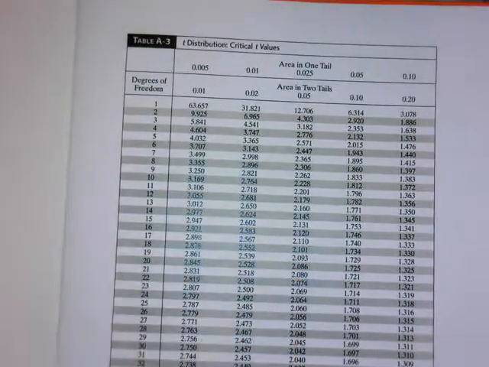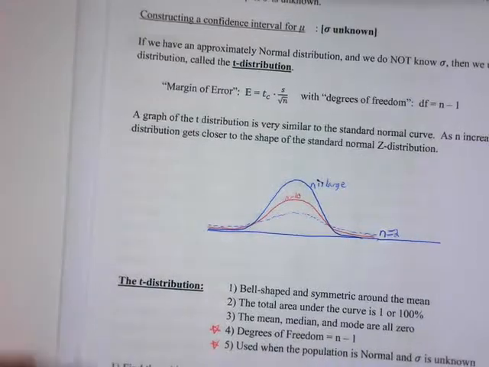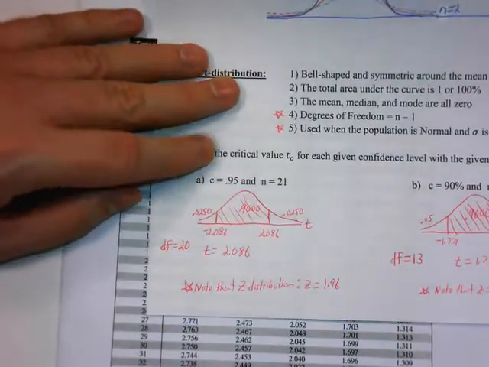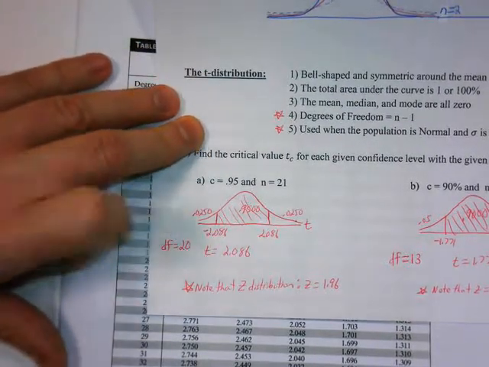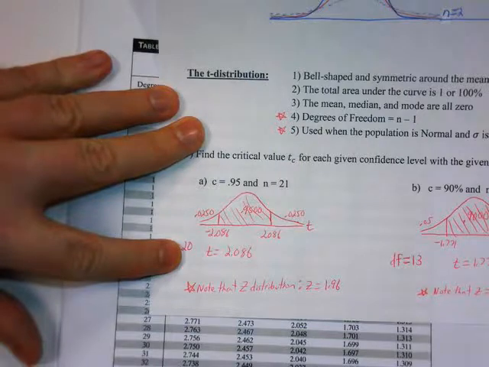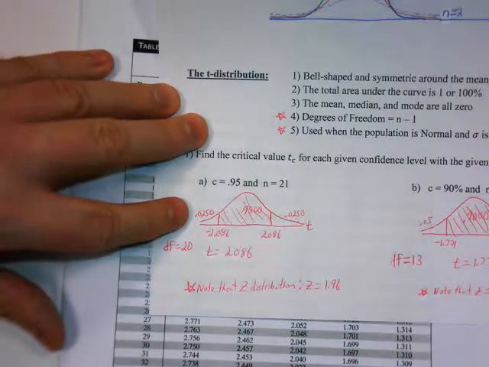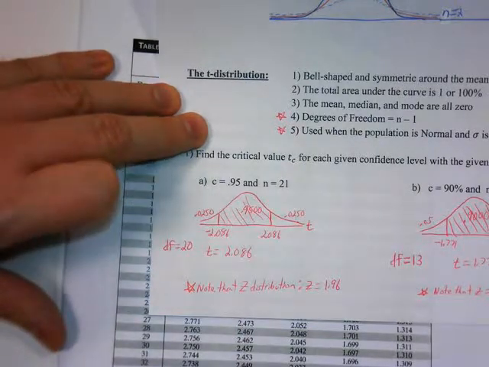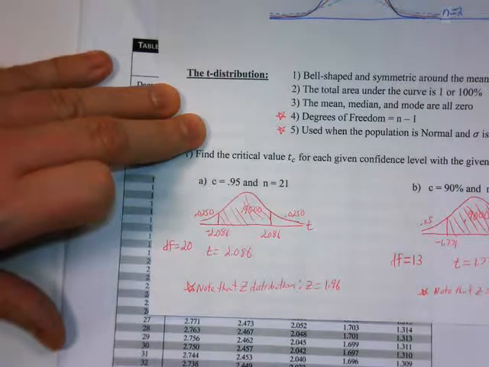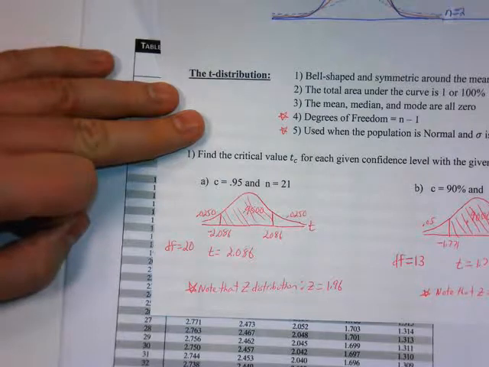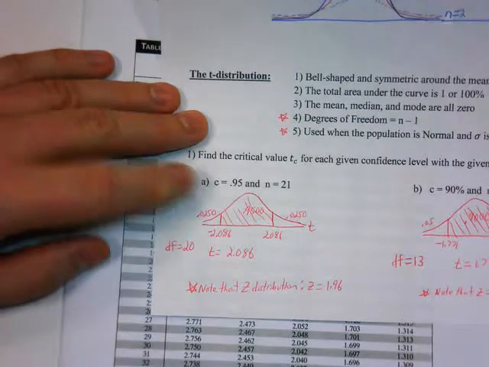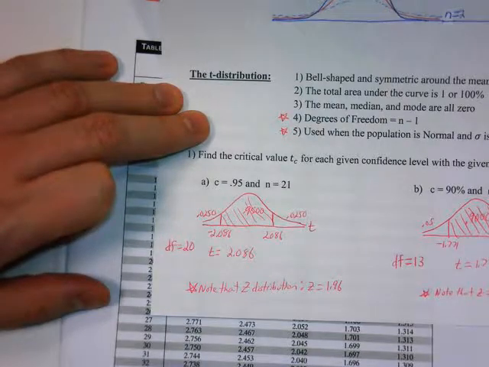So on that one, we have t is 2.086 with 20 degrees of freedom, and we have 0.025 in one tail or 0.05 in two tails. Now, one thing I want you to pay attention to is that if n got larger and larger and larger, we get this t distribution to be more and more normal looking.